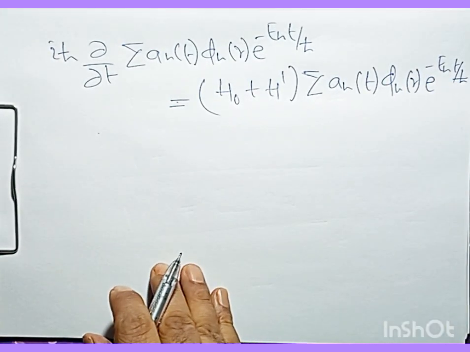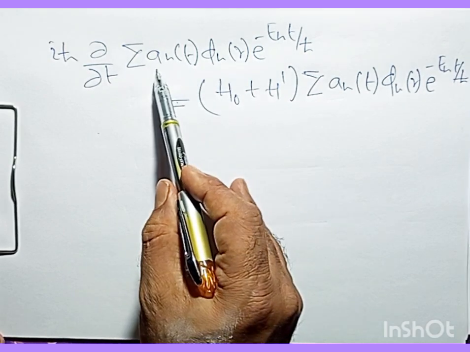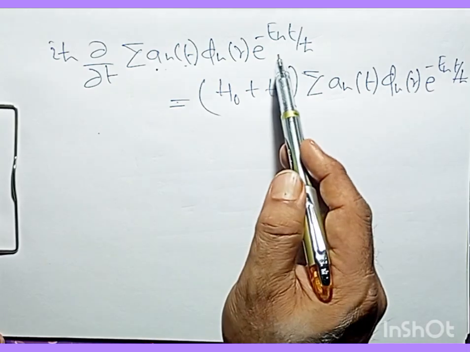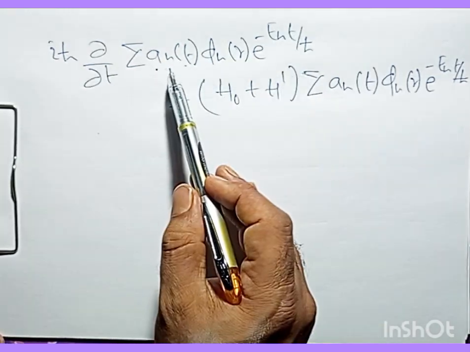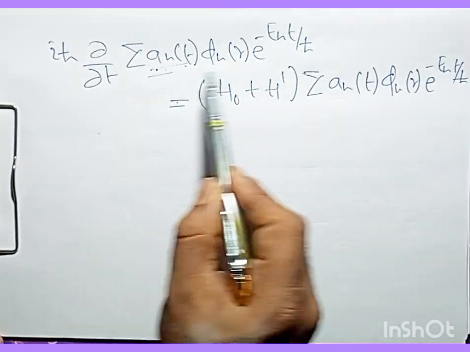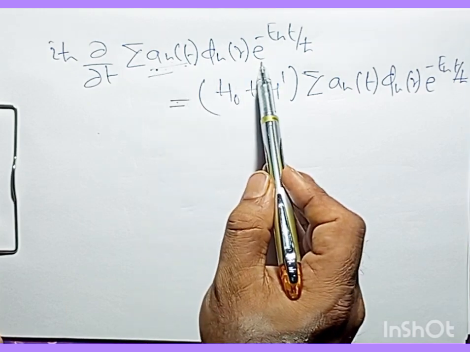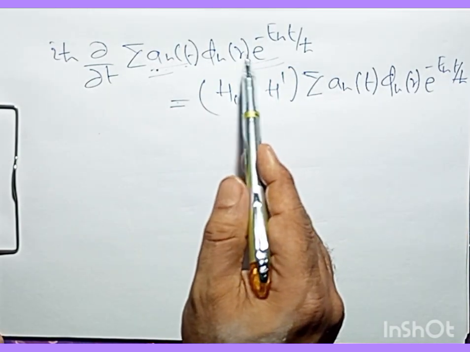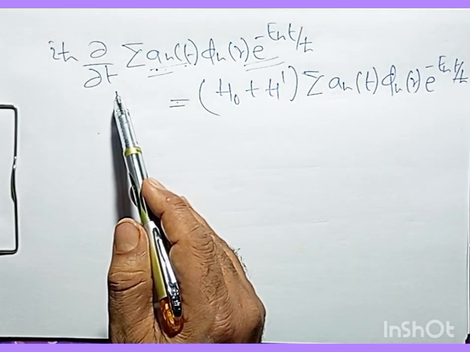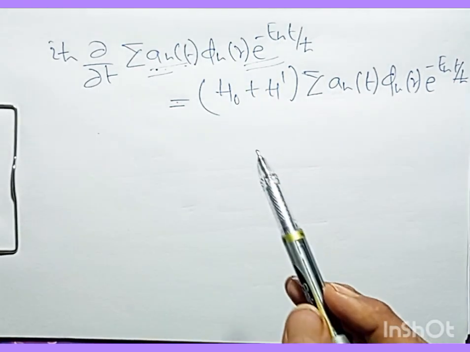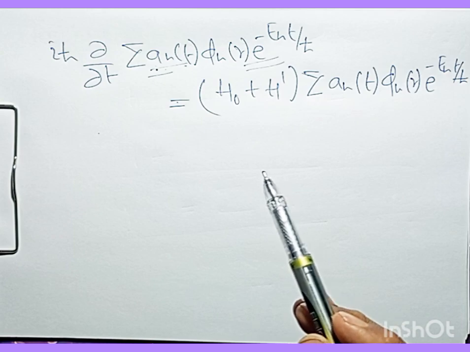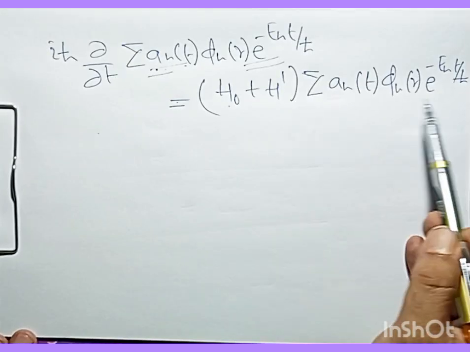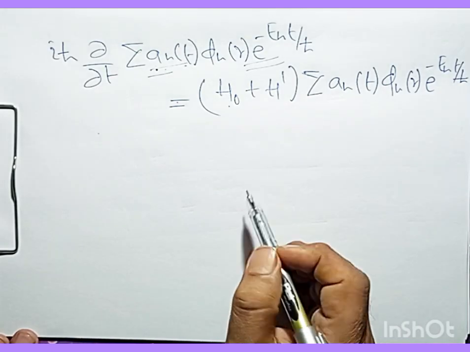All right. So what we have to do here is note that a_n of t is a function of time, and this exponential function is also a function of time, so we have to differentiate the two functions. We will use the UV rule between a_n of t and this exponential function. This φ_n of r is constant, so it can be taken outside the differentiation. After that, we take on these independent terms: H naught will be multiplied with this, and H dash will be multiplied with this.